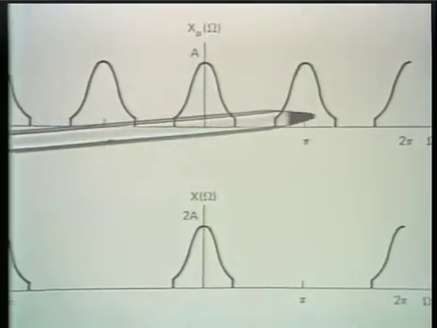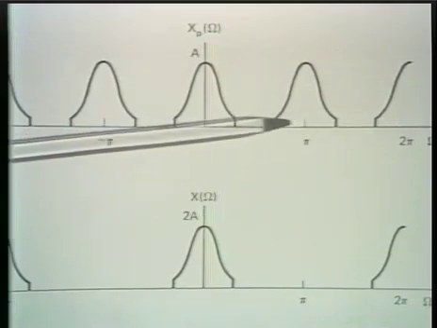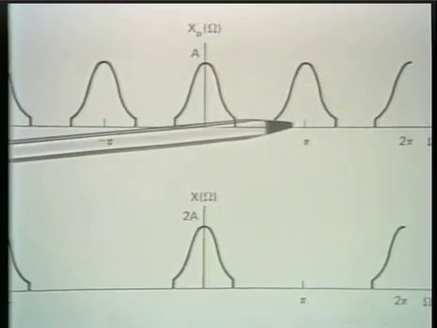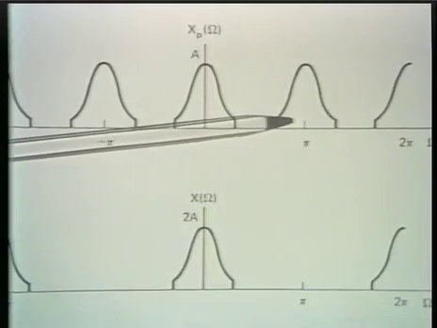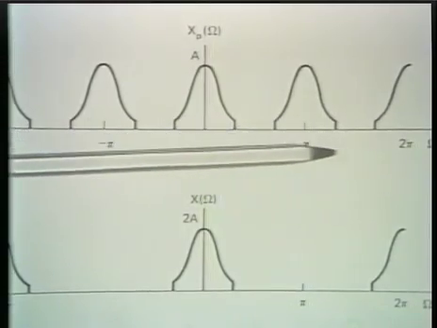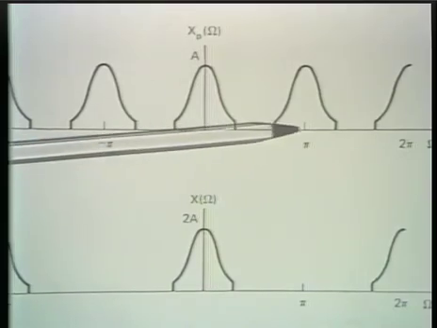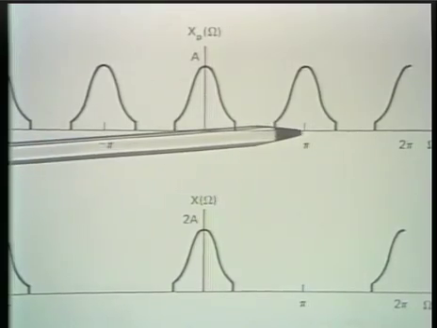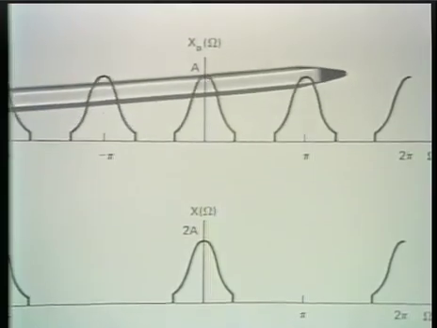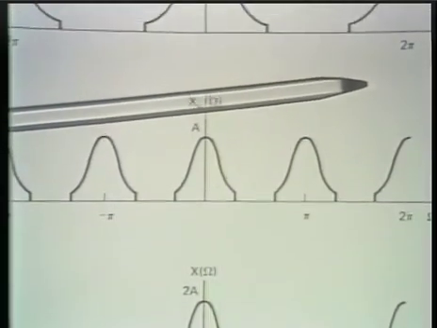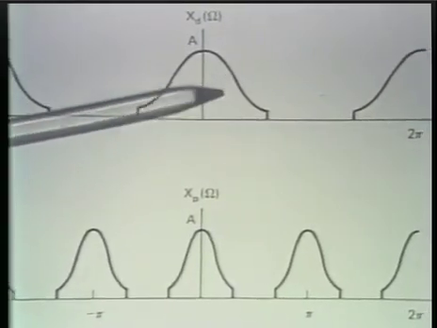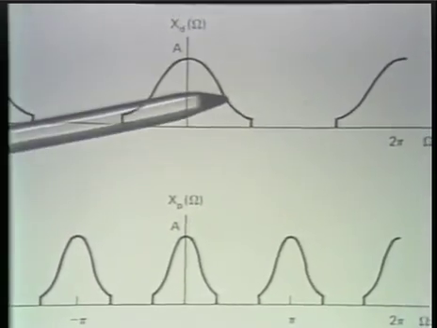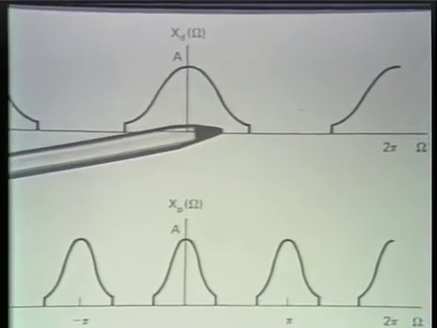And so this is now replicated. And then in going from this to the spectrum of the decimated sequence, we would rescale the frequency axis so that the frequency pi now gets rescaled in the spectrum for the decimated sequence to a frequency which is 2 pi. And so this now is the spectrum of the decimated sequence.